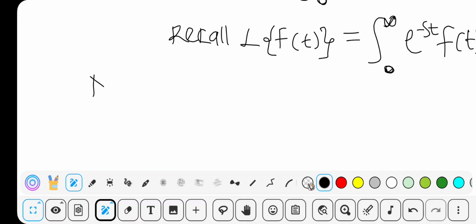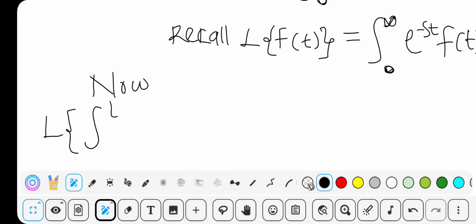So now from this formula, we know that f(t) is the integral of i(t) dt from 0 to t. So we can substitute it in order to find the Laplace transform.